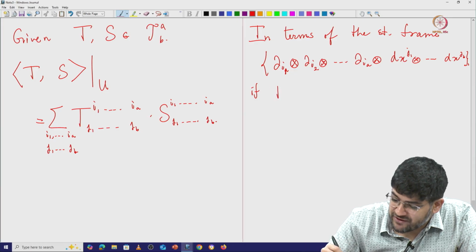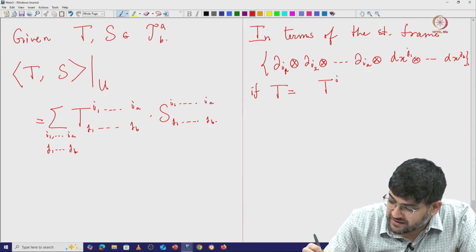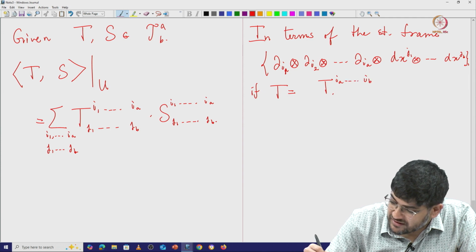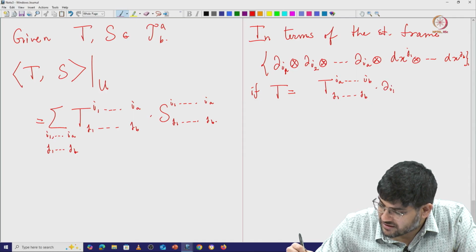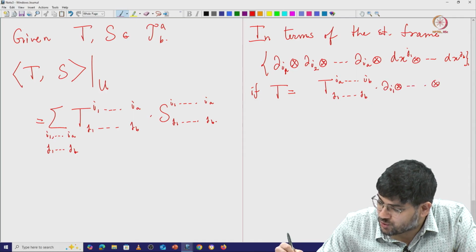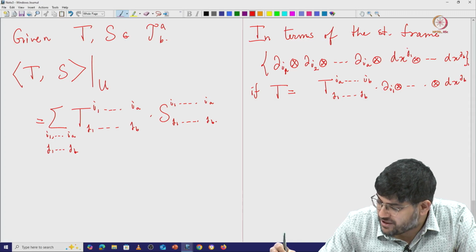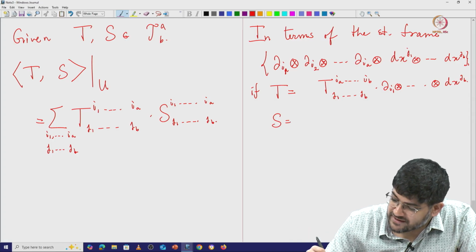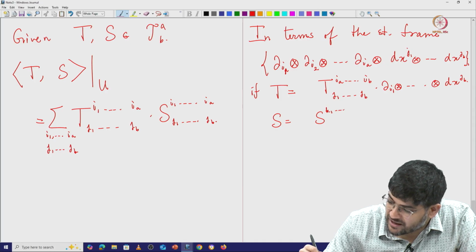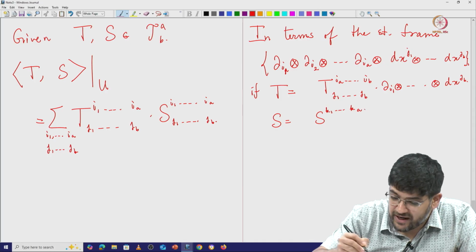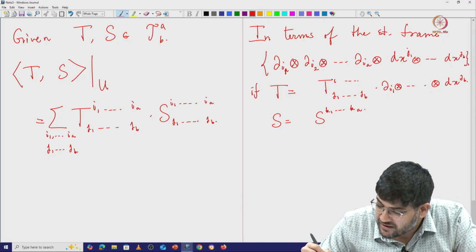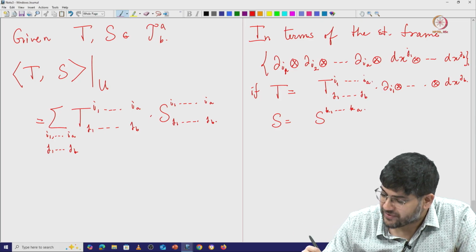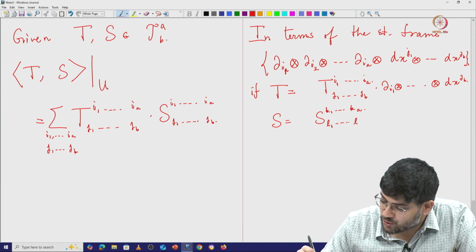So in terms of this, if your tensor is given by these components, etc. up to dx JB, and your tensor S is given by S K1 up to KA. Sorry, this should be I1 up to IA and L1 up to LB.